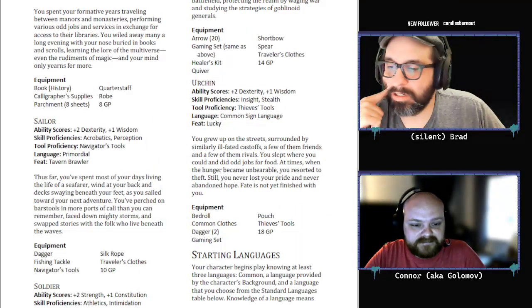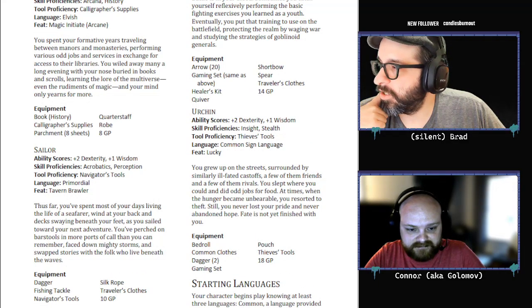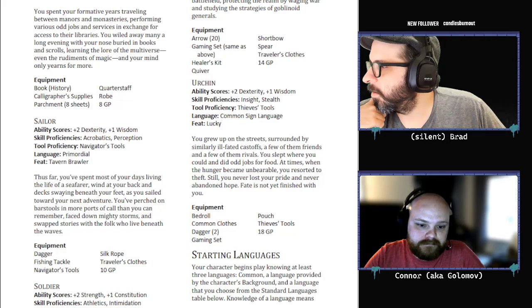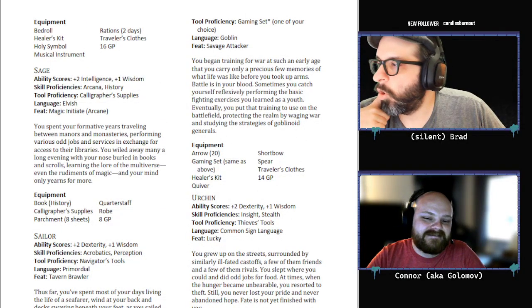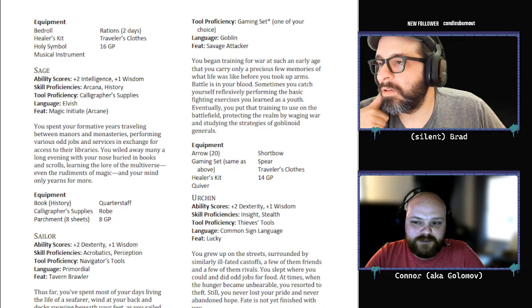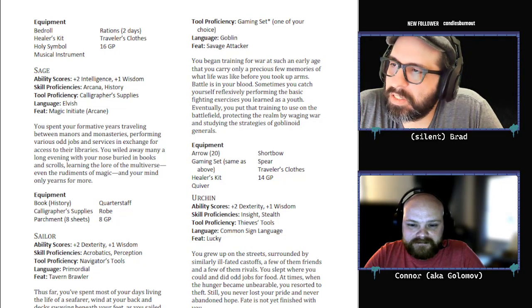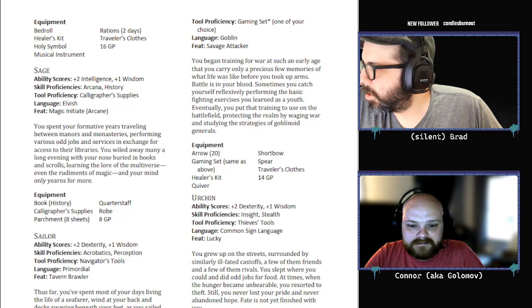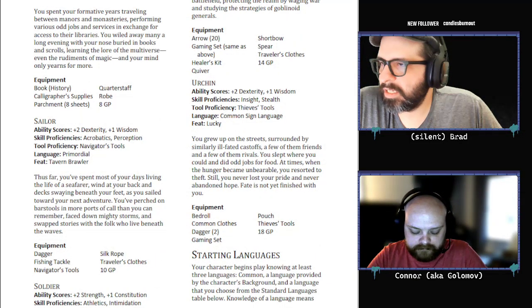Then Soldier, Strength and Con, Athletics and Intimidation. Gaming set again. There are a lot of gaming sets. Goblin makes sense. And then Savage Attacker. And then the last one is Urchin, coming back with Dex and Wiz, Insight, and Stealth.